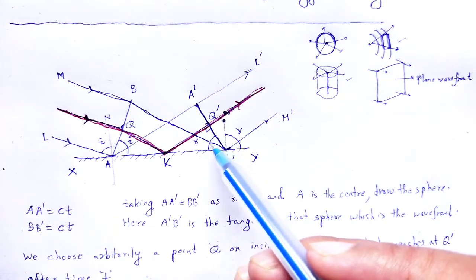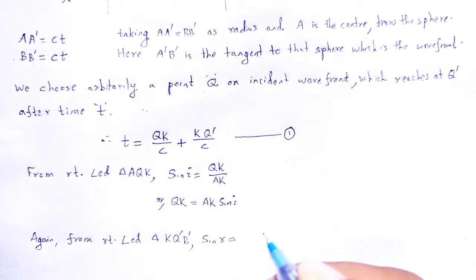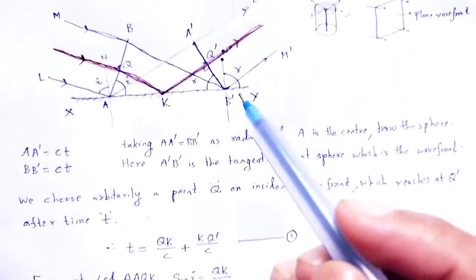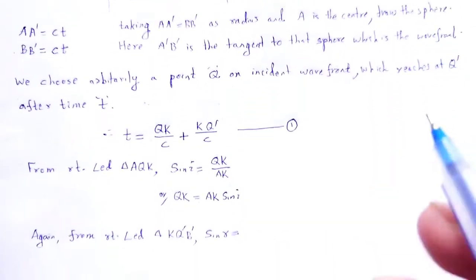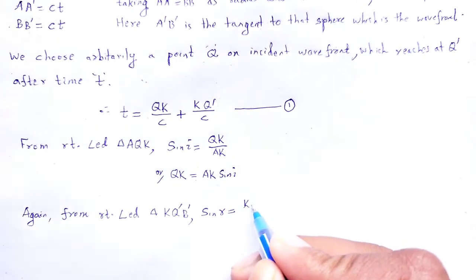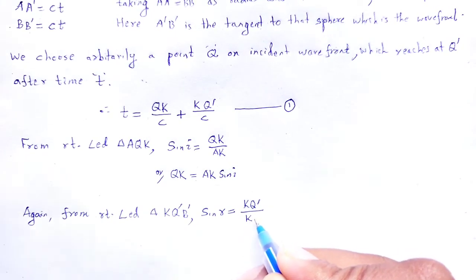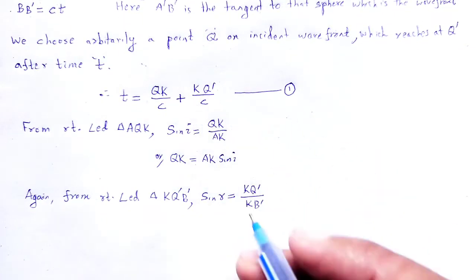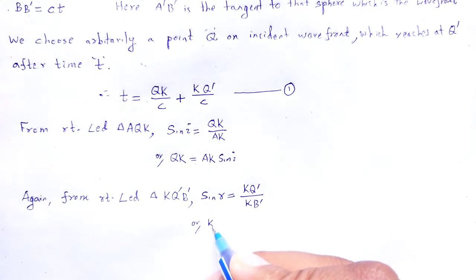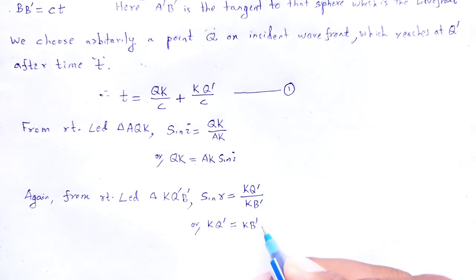So sin R is equal to KQ' divided by KB'. Our requirement KQ' is equal to KB' into sin R.